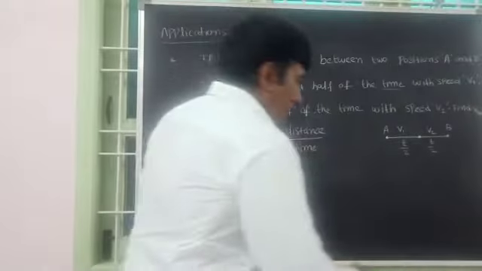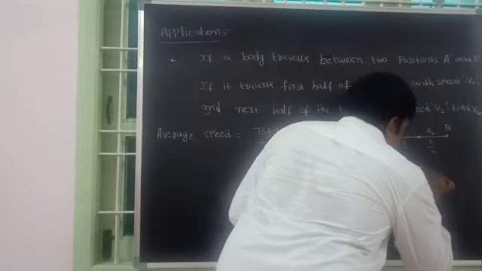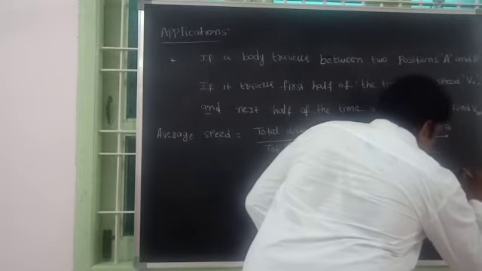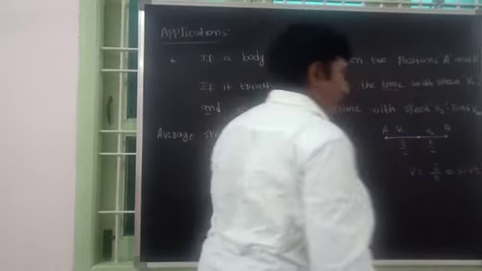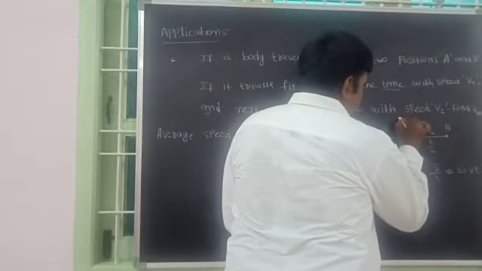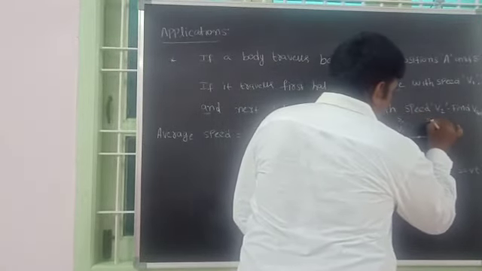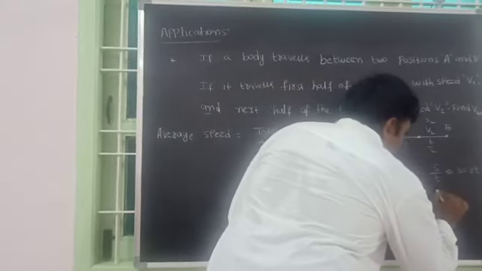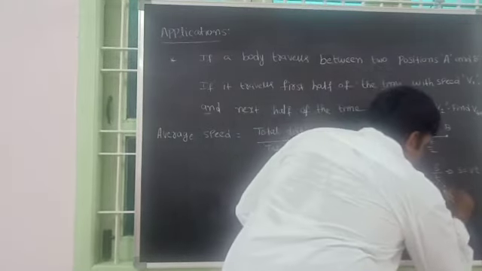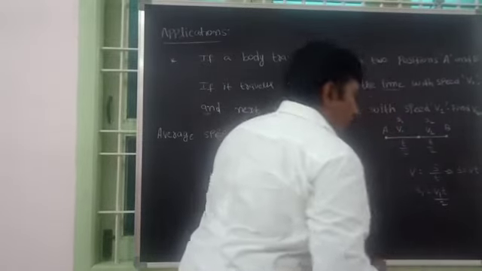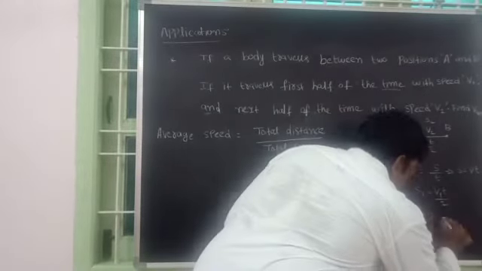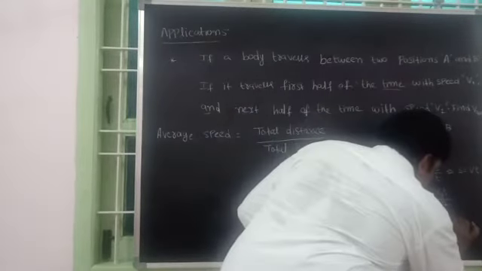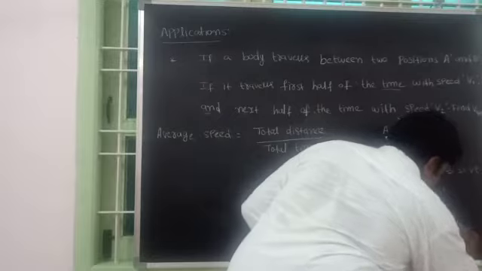From the simple definition, speed is equal to distance by time, with the help of this I can write s is equal to v into t. I am assuming this distance as s1 and this distance as s2. Now I can write s1 is equal to speed v1 and time period t by 2, so v1 t by 2. Similarly, s2 is equal to v2 into t by 2.